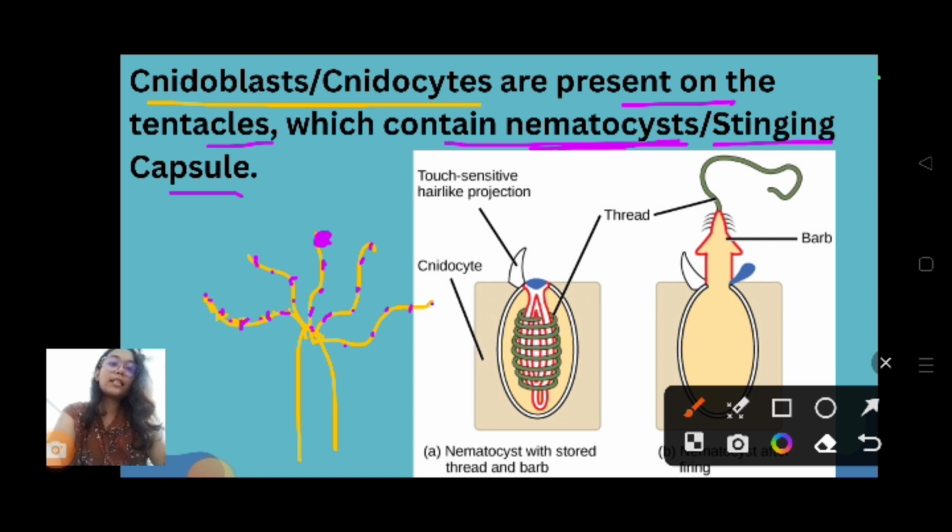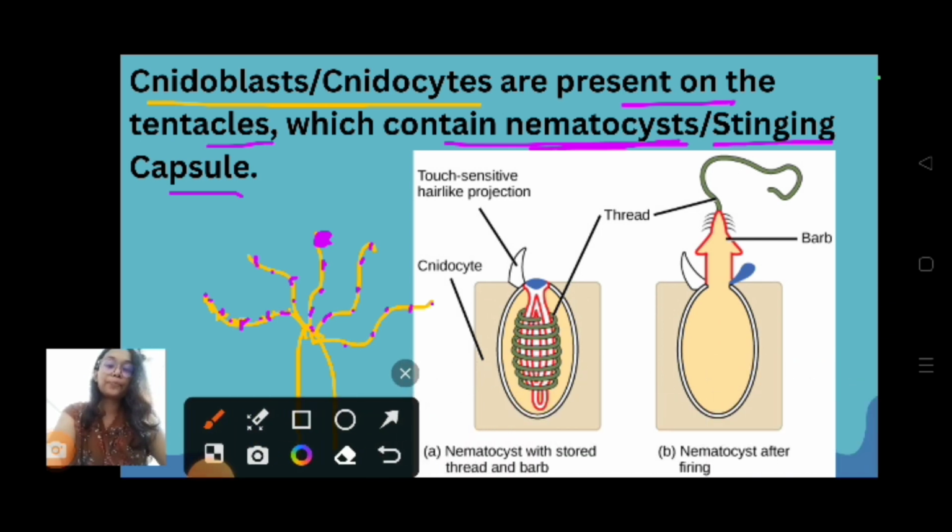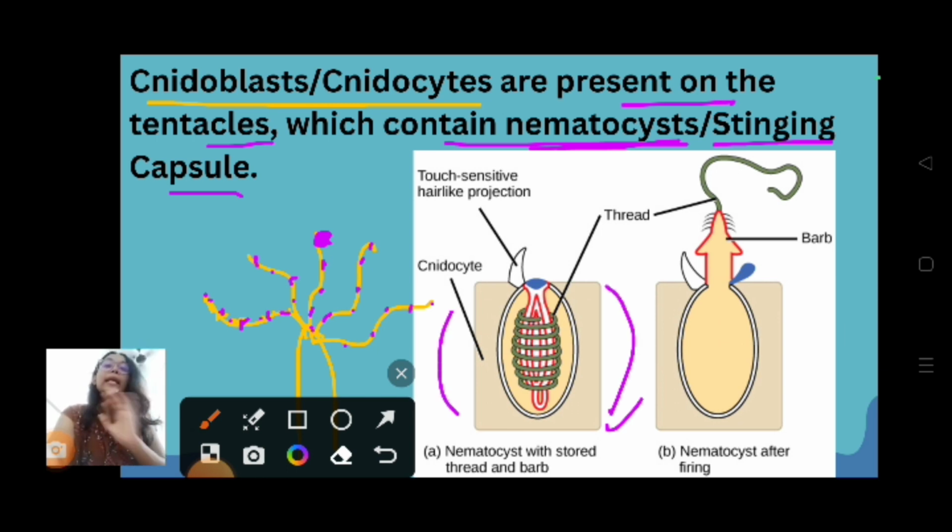So can you see this nematocyst diagram? Here this is a nematocyst, this structure, and there are many present over the tentacles. Okay, so whenever any prey or predator comes near the Coelenterata, it will feel the sensation of touch. Whenever some object is coming, you can feel it.